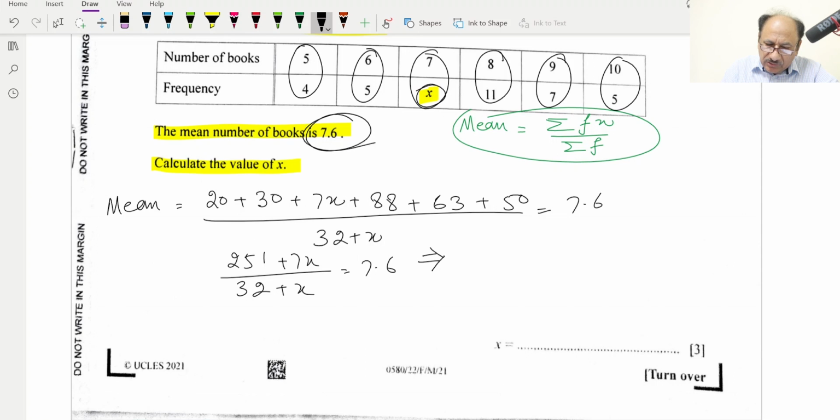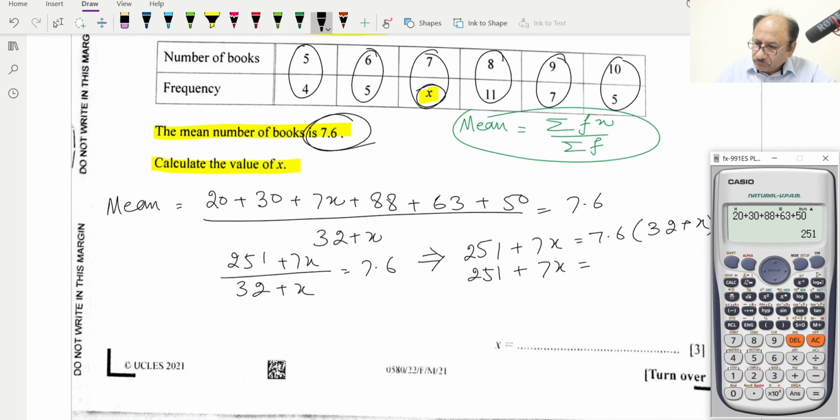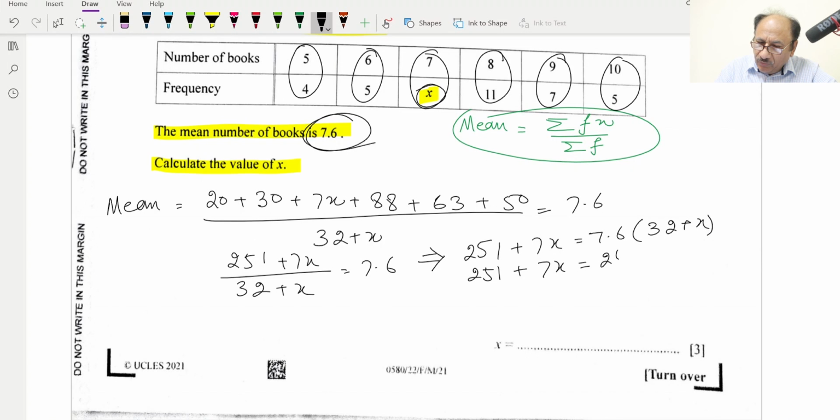we can cross multiply, so 251 plus 7x is equal to 7.6 multiplied by 32 plus x. This will be 251 plus 7x is equal to 7.6 multiplied by 32, which will be 243.2, plus 7.6x.